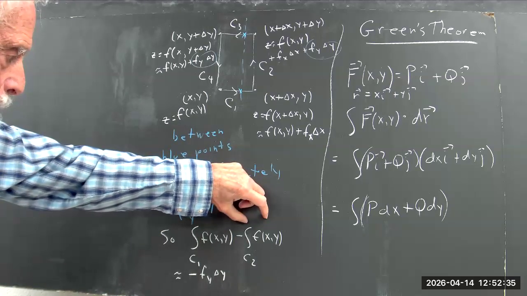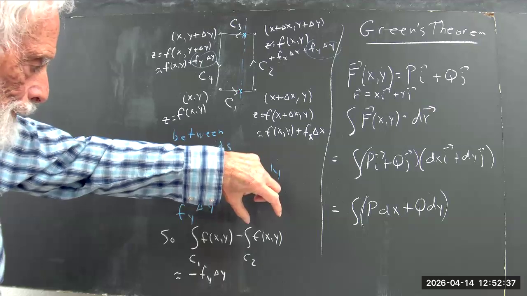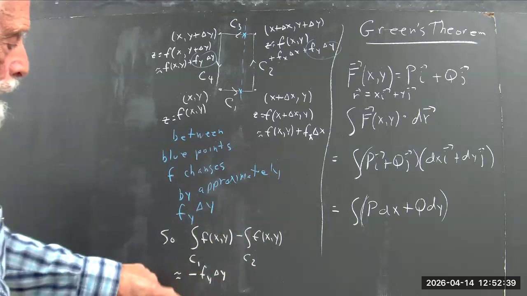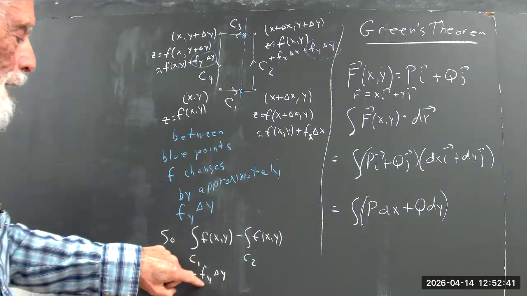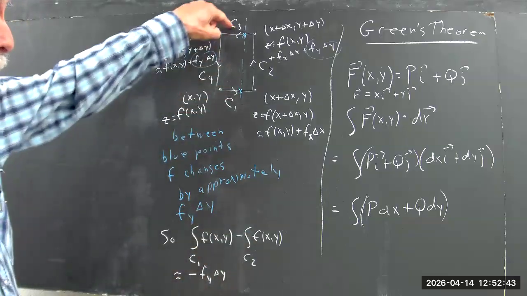The difference here, f of xy on C2 is approximately fy delta y greater than it is on C1.